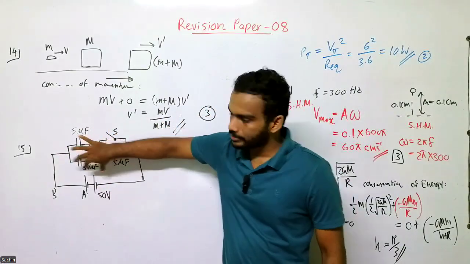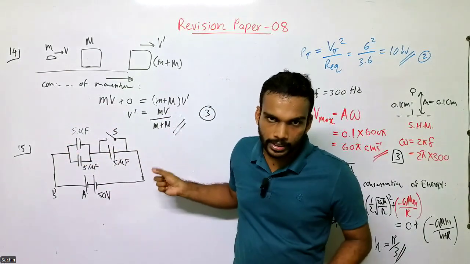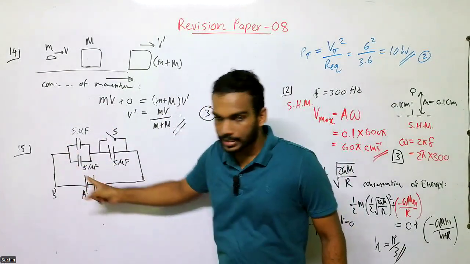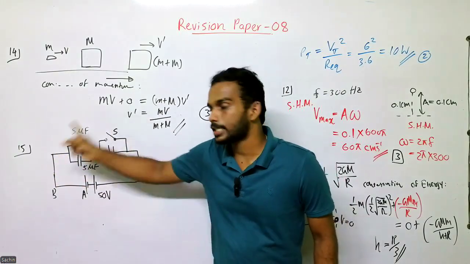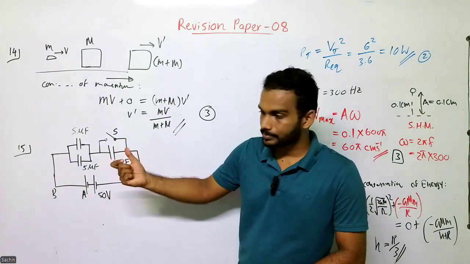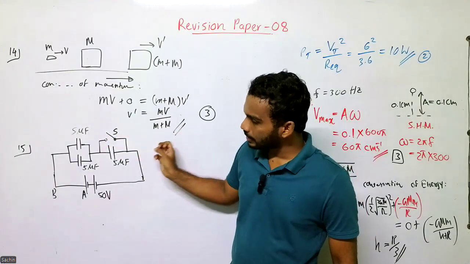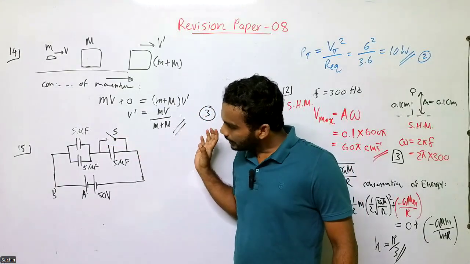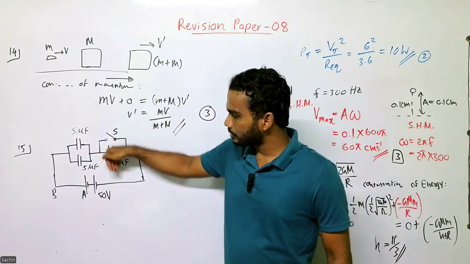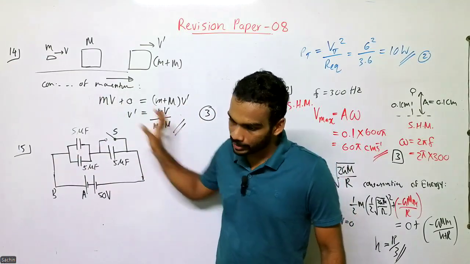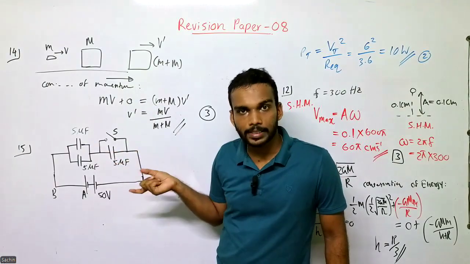In the first case, when it is open, once you find the equivalent capacitance, you can use Q equals CV to find the stored charge. Then calculate the charge. Then after the switch is closed, for the new circuit, again you can calculate the new equivalent capacitance.